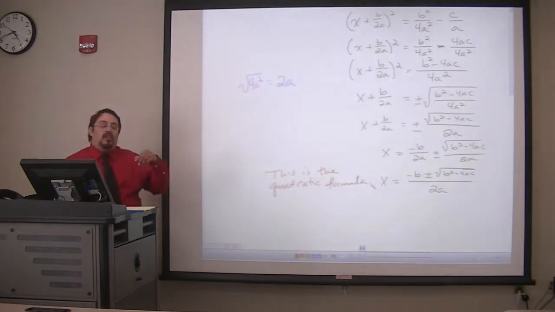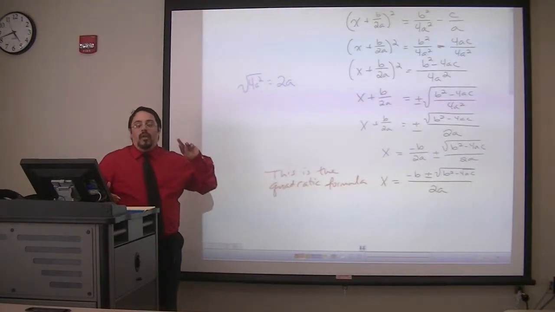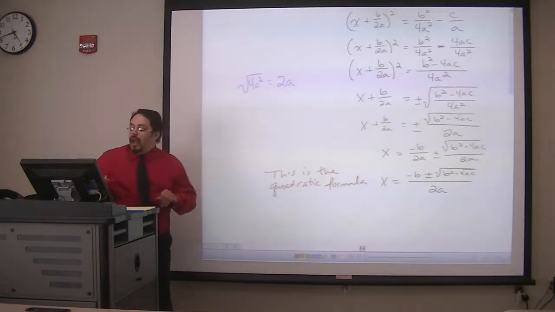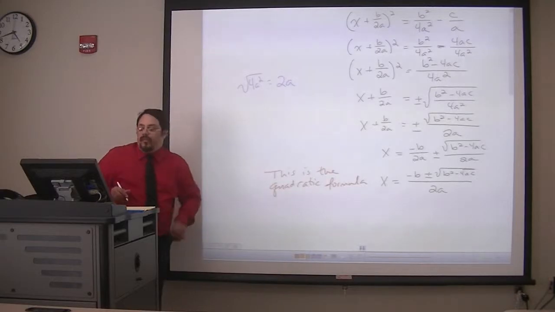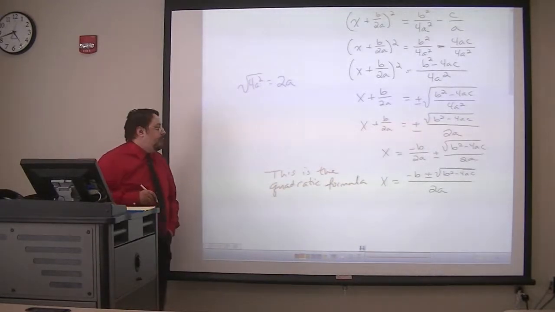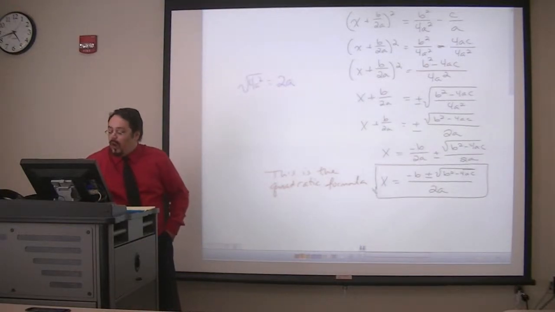And this will give us real solutions. It'll give us complex solutions. We're not limited to any certain type of quadratic equation here. So this is the final result of the quadratic formula.